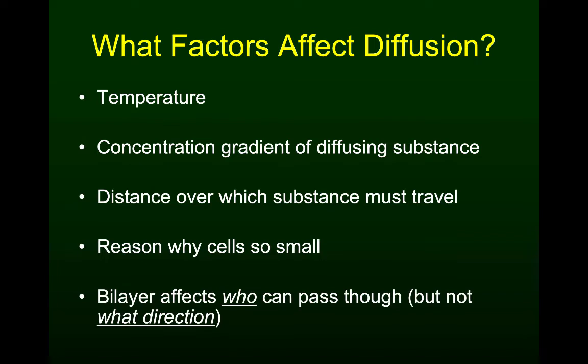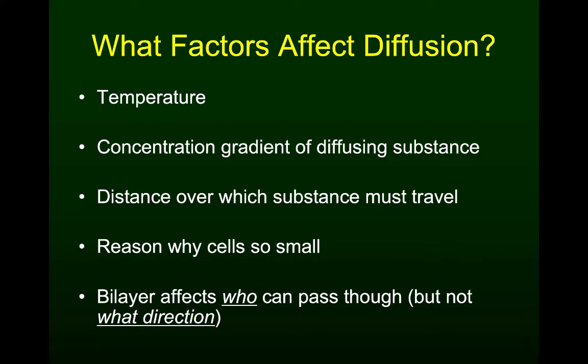The other thing to think about here is what the phospholipid bilayer is doing when diffusion is taking place, right? So the phospholipid bilayer we talked about back in our first section of this chapter is selectively permeable, but because we're using simple diffusion and because we're not using energy, the bilayer is only facilitating the movement of particles either in or out.